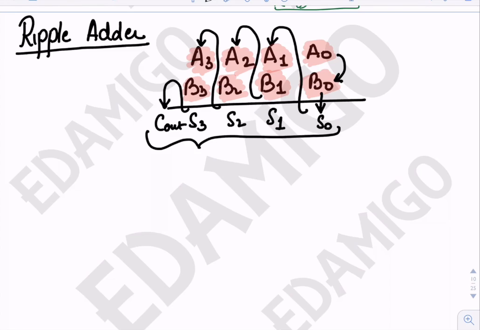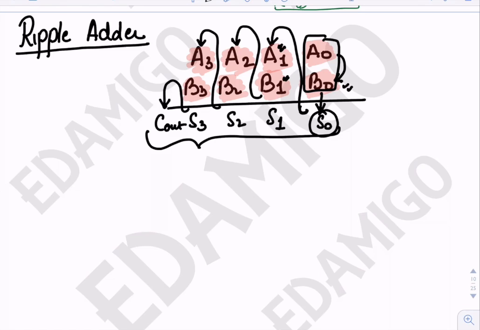Okay, now it's very simple: first of all we need an adder that will add A0 and B0 and produce a sum bit and a carry bit. That carry bit is transferred to the full adder of the next level, and the full adder of the next level has two inputs A1 and B1, and Cin is the output carry of the 0th level.